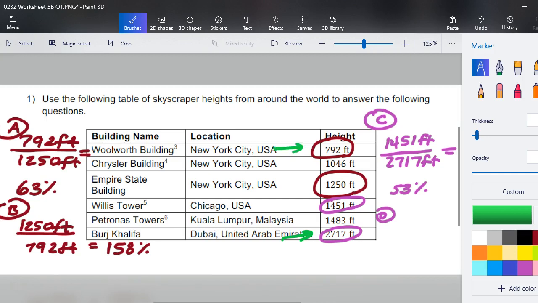Shortest is Woolworth, and we've got to be careful how they're asking it because they want the tallest written in terms of the smallest. So the reference value is the smallest, and we're comparing the largest to it. When we divide and multiply by 100, we're getting about 343%. Wow, that's a lot bigger than the smallest building.